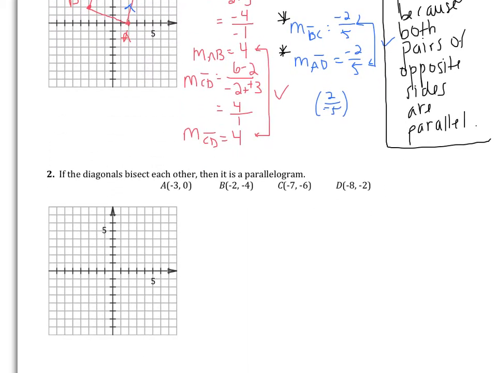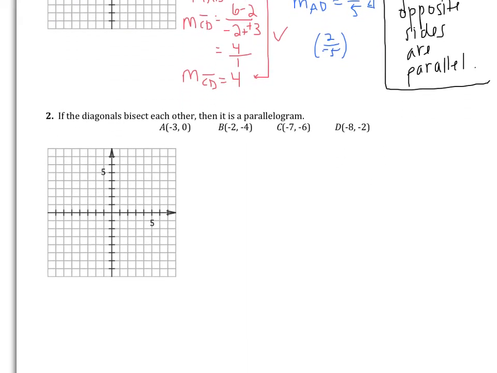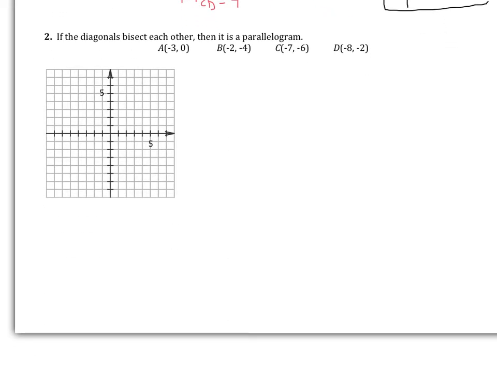Let's look at our second theorem. It says if the diagonals bisect each other, then it is a parallelogram. So first thing that I'm going to do is I'm going to plot these points, so you should do the same.